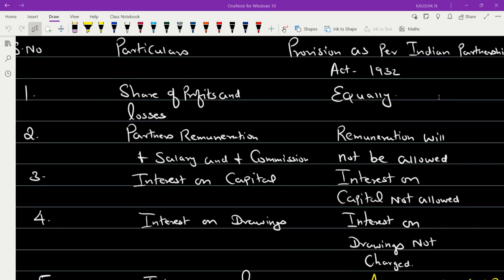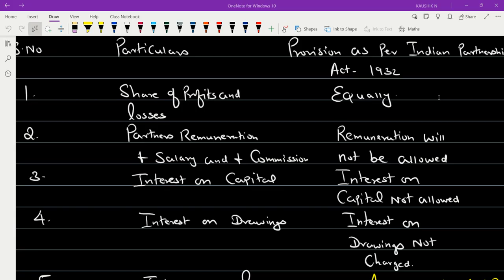Always remember, interest on capital can be allowed only if it is mentioned in the deed. But not only that, to allow interest on capital, there are a few more conditions. The firm should have earned sufficient profits during the year. And second, we will be calculating the interest on capital only on the opening capital.